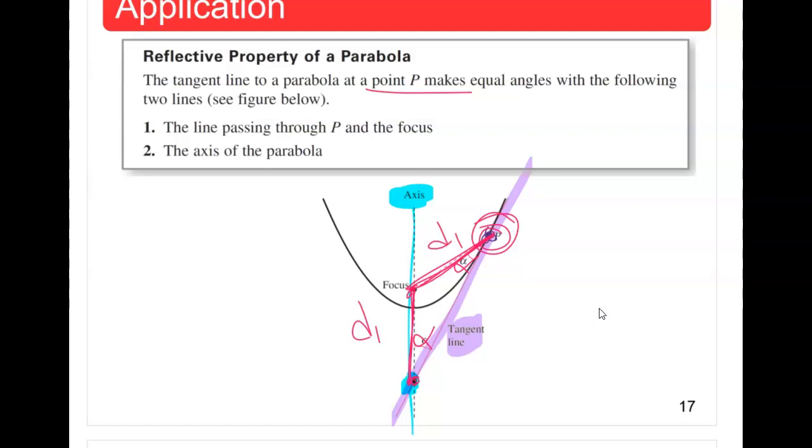And so if those angles are equal and these two sides are equal, we actually have an isosceles triangle. And the line passing through P and the focus, that would be this one here. Oh, that one. And the other one, the axis of the parabola.